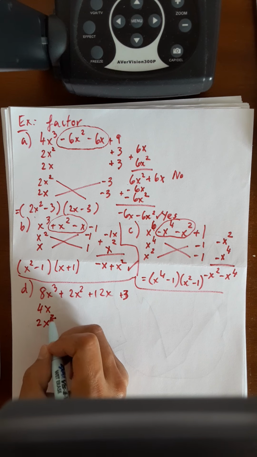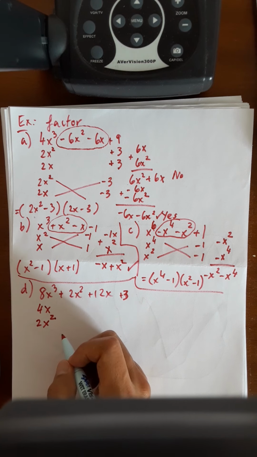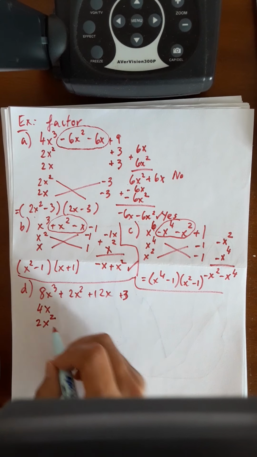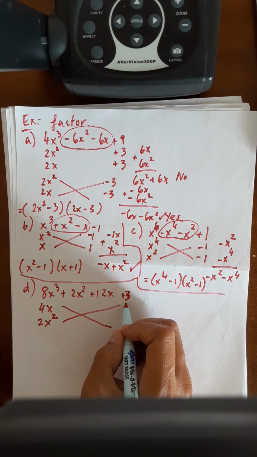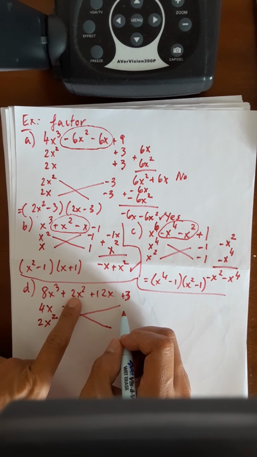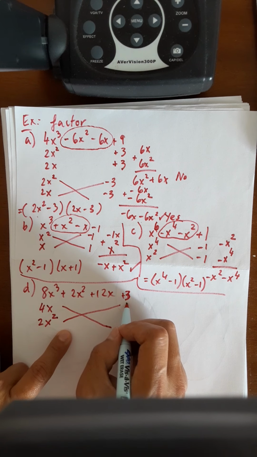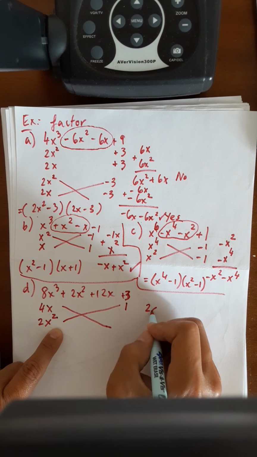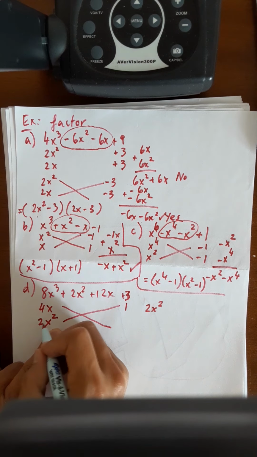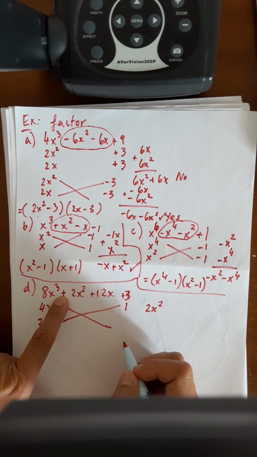2x squared times 4x is 8x cubed. Then because I cross multiply 1 times 3 or 3 times 1, I want to keep the 2x squared the same, so I just put 1 in here, because 2x squared times 1 is 2x squared, which is the middle term.